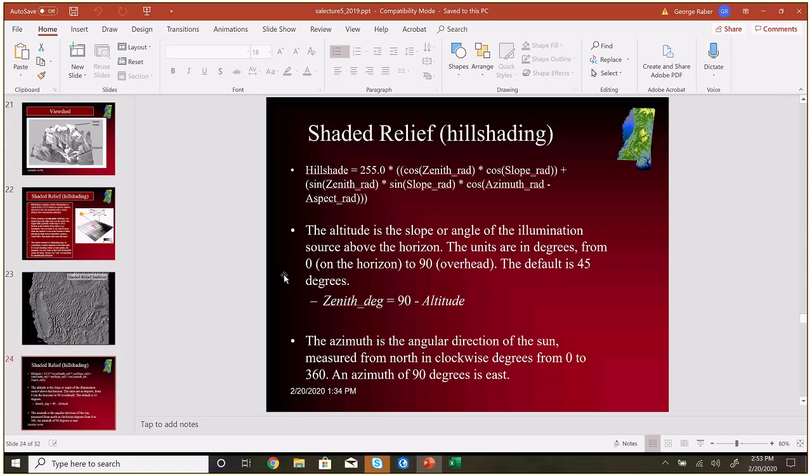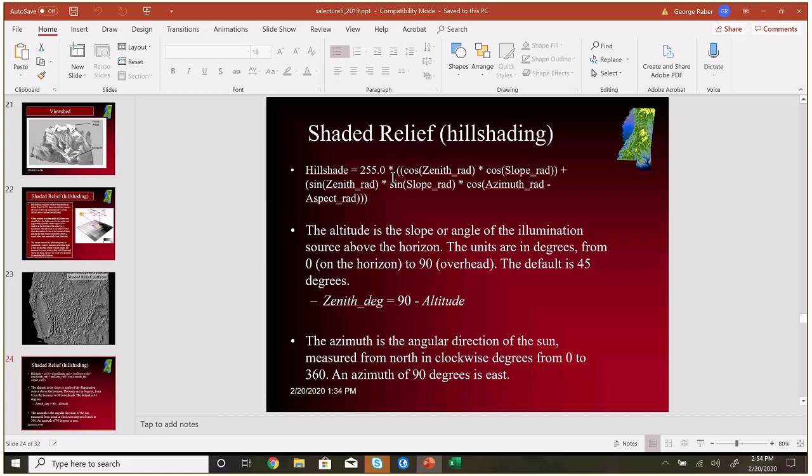All right, so again, I'm not going to go through the formula here for calculating shaded relief, but it is basically just a function of slope and aspect combined together.